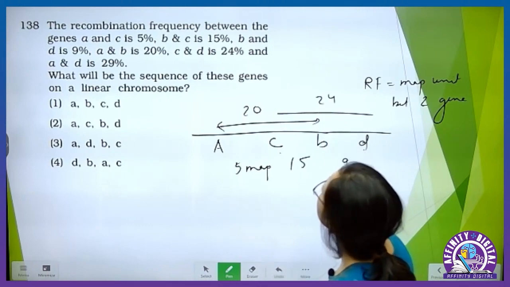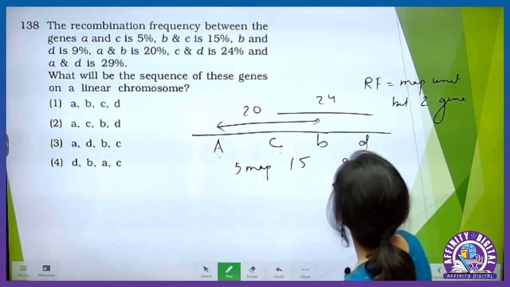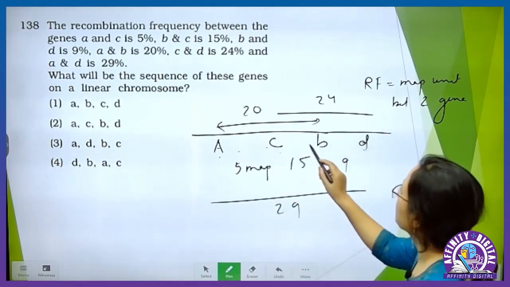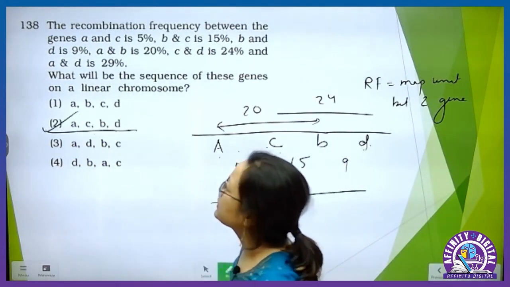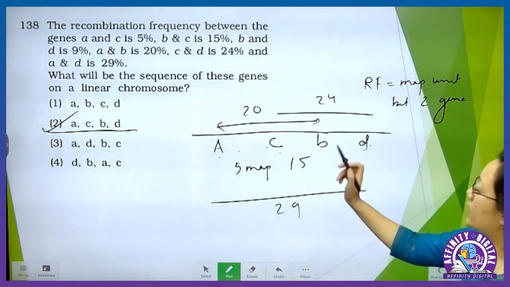And A and D is 29. That means the order is A, C, B, D. Recombination frequency is equal to distance between two genes. So like this we'll calculate.